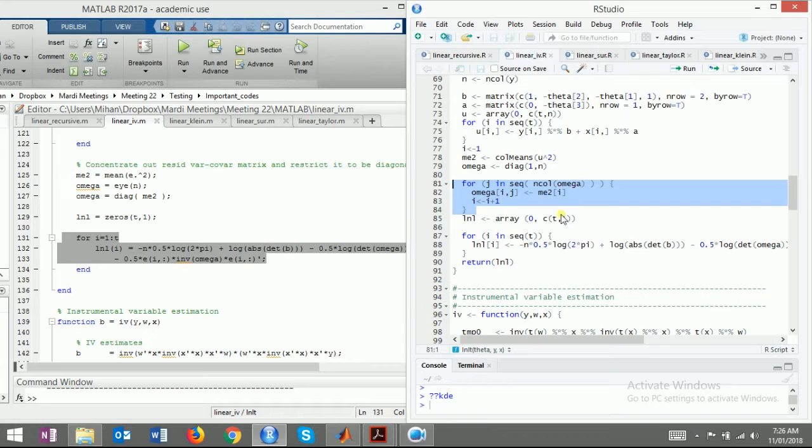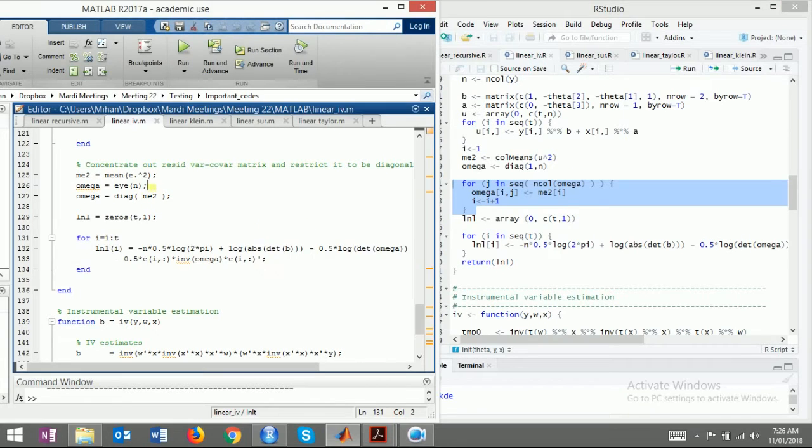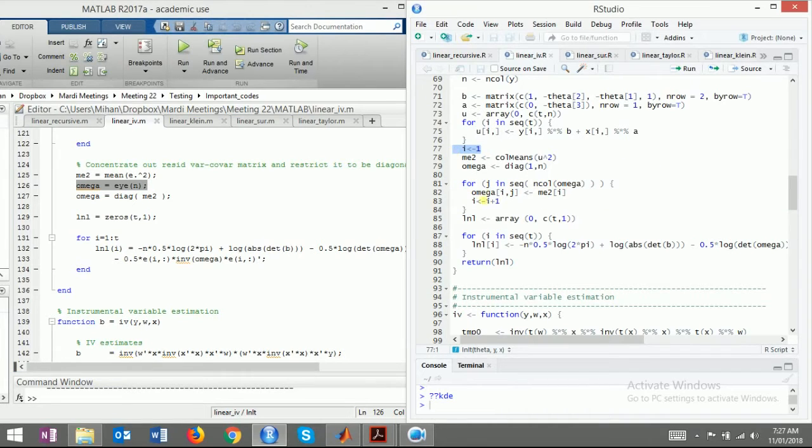So this portion and this portion comes together because we don't have any identity matrix in R, so we need to manually create the identity matrix. So sequence up to omega, heteros j column coming from me2, which is the column means of U square.